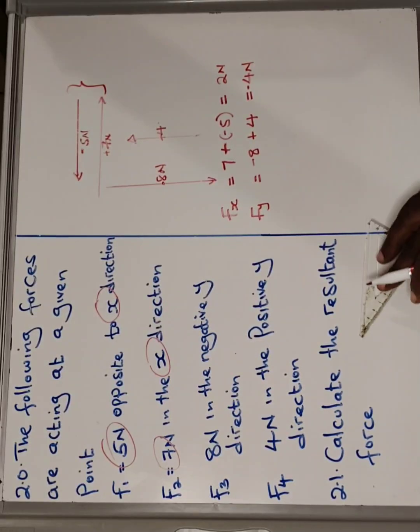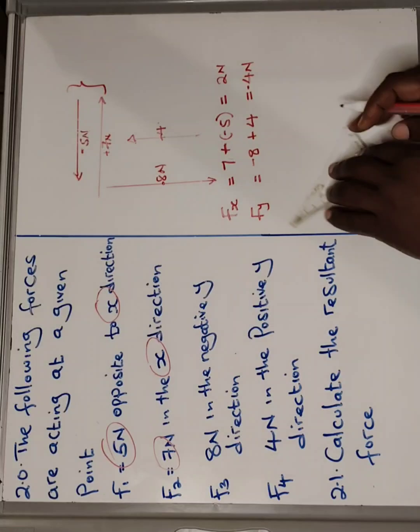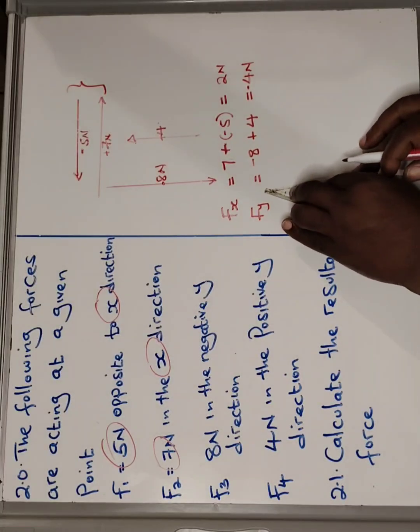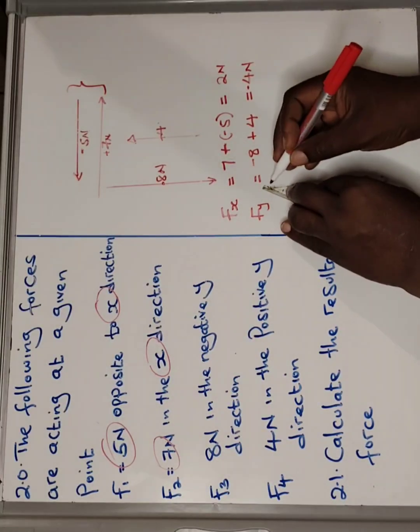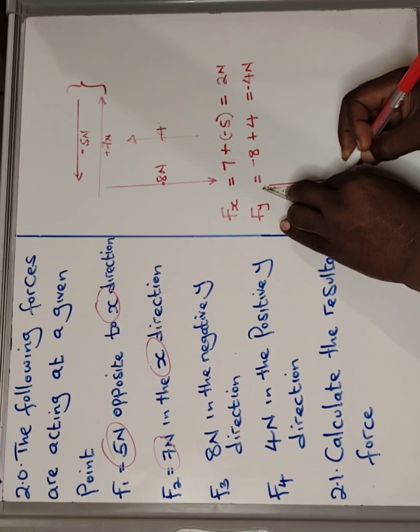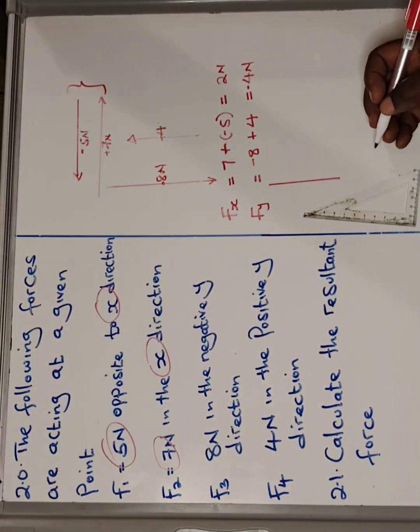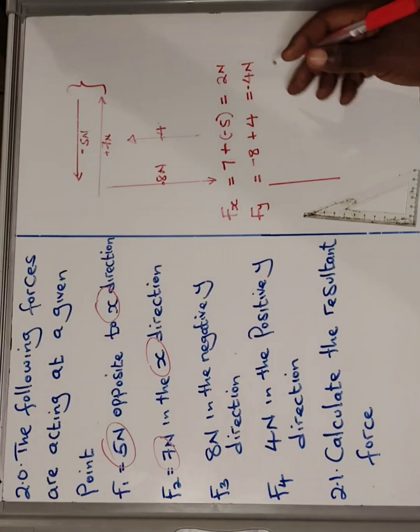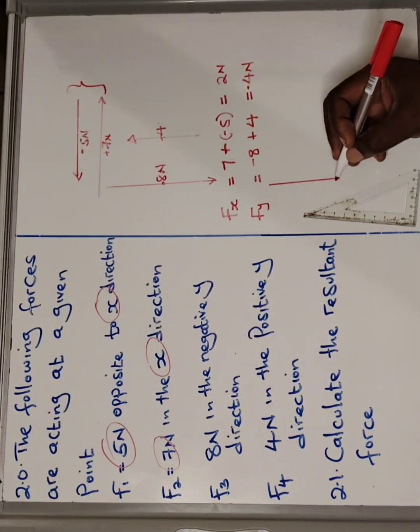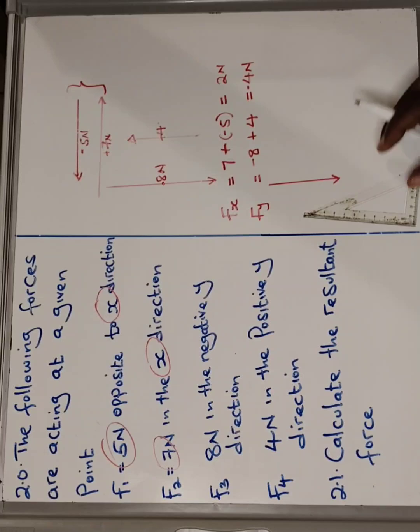Okay, what do we do under this circumstance? We come back again now. What do we have? Now we have our resultant in the y direction, and the resultant in the y direction is 4, but negative.